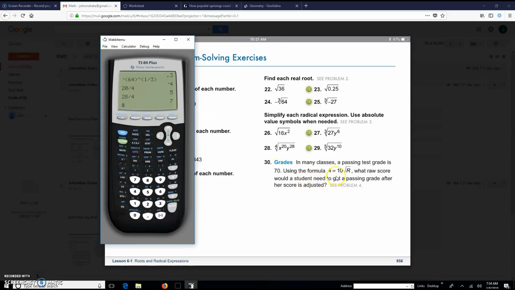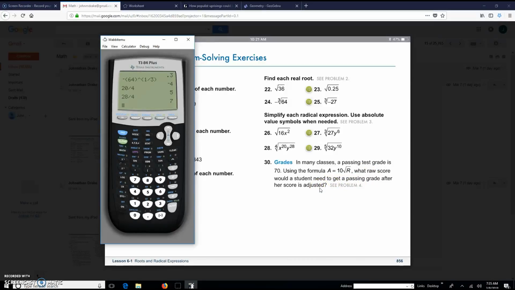Alright, and then we can look at this problem here, number 30, on the roots. When you have a word problem, all you gotta do is substitute the right variable, because like it says, the formula A equals 10 times the square root of R, looking for the raw score after the score is adjusted.